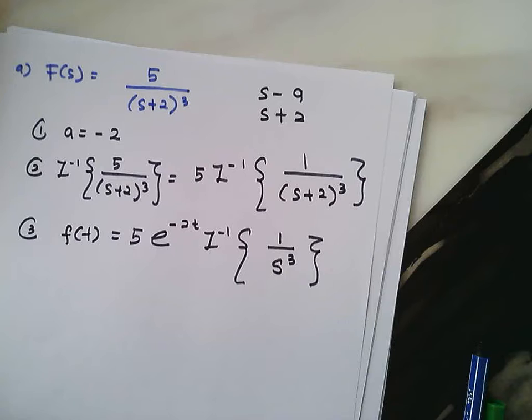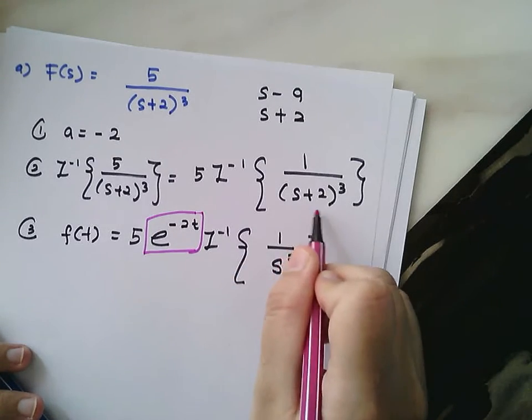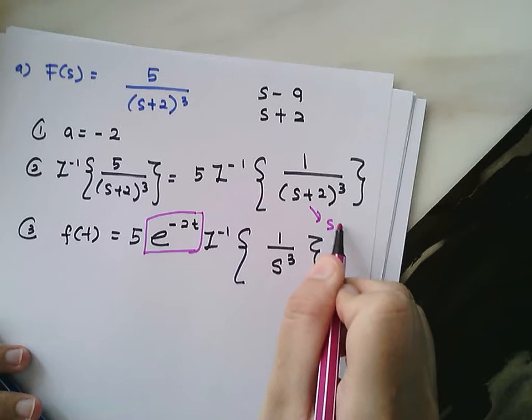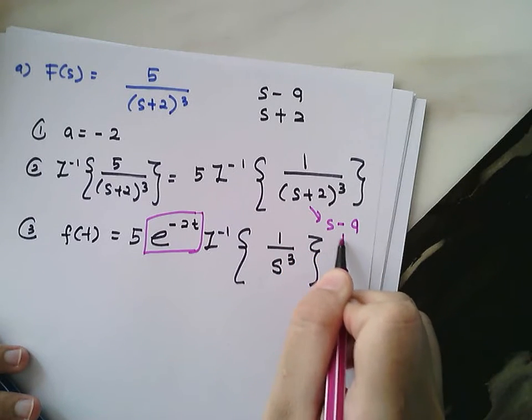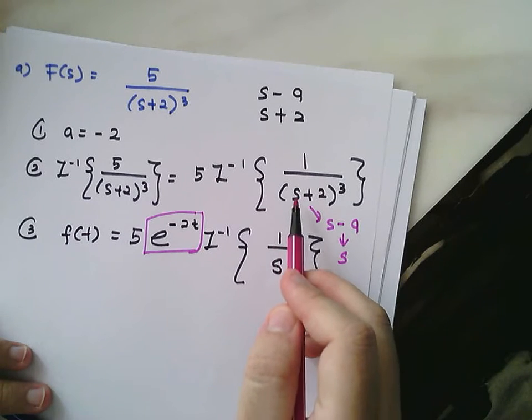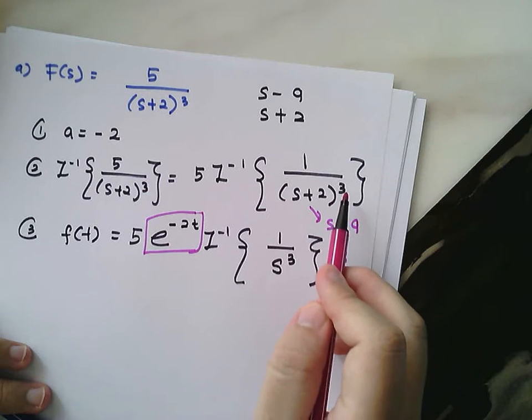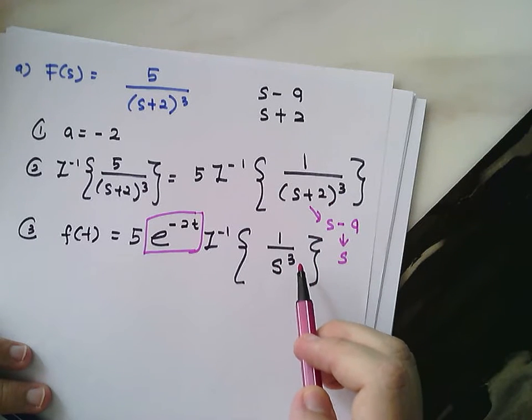When you have the exponential terms here, this one, so replace s minus a with s. Okay, so that's why this one is s plus 2, so you will have s, so the whole thing is cube, so you will have s cube.